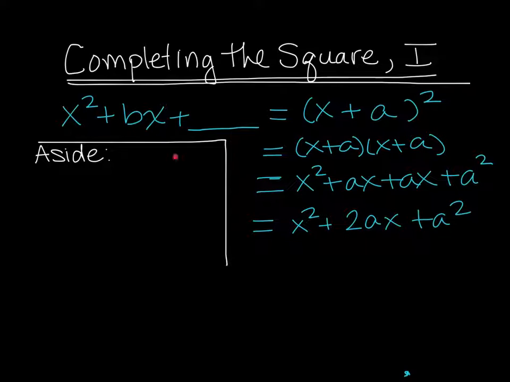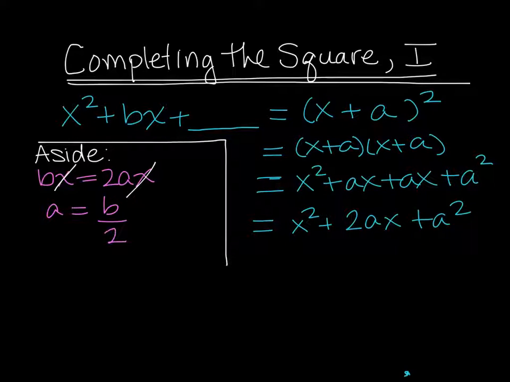So we're going to use the fact that the linear terms have to be the same to solve for a in terms of b, because we'd be given b in a problem. So we need bx to equal 2ax. The x's cancel, and we can solve for a as b divided by 2.